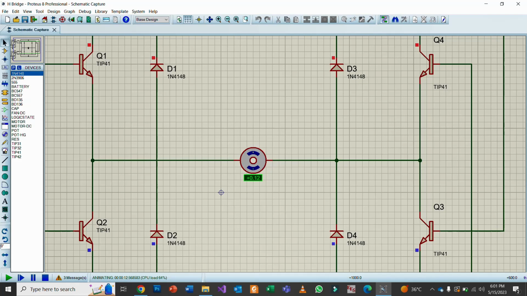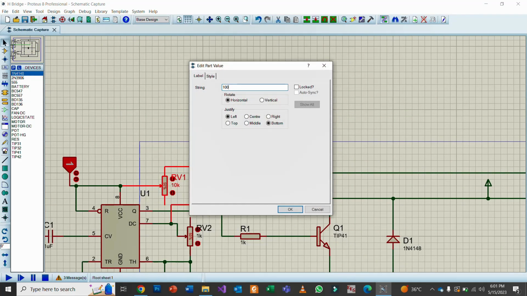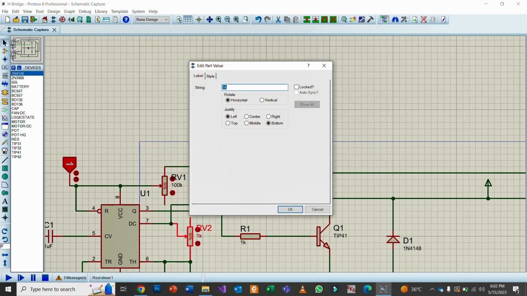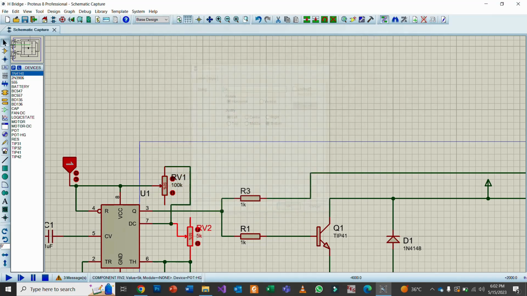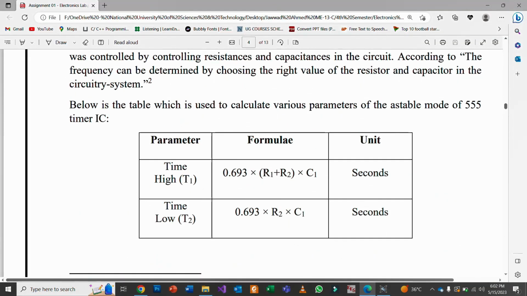Now if we change the resistances, R1 to 100 kilo ohms and R2 to 5 kilo ohms, we can control the speed. We will have to look at the formulas for the high time and low time. By increasing R1, we can increase the high time of the duty cycle, and by decreasing R2, we can decrease the low time of the duty cycle.